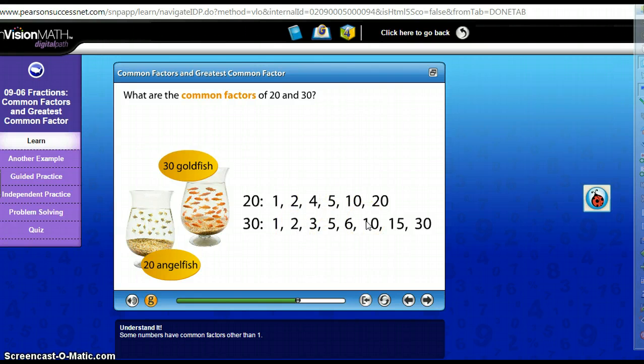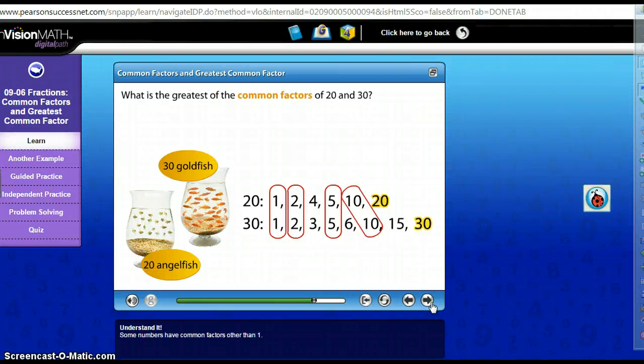All those are common factors. You would list all those numbers if it wants to know common factors. 1, 2, 5, and 10 are common factors of 20 and 30. What is the greatest of the common factors of 20 and 30? The greatest, Alex, is 10.